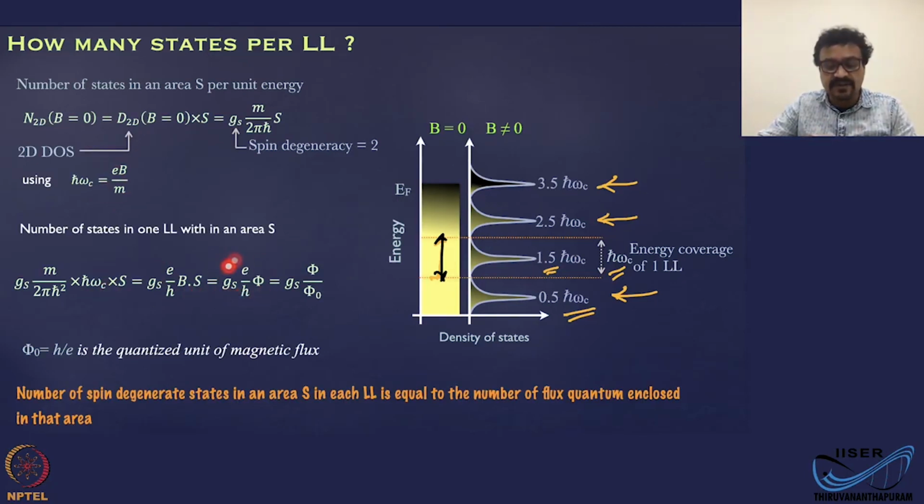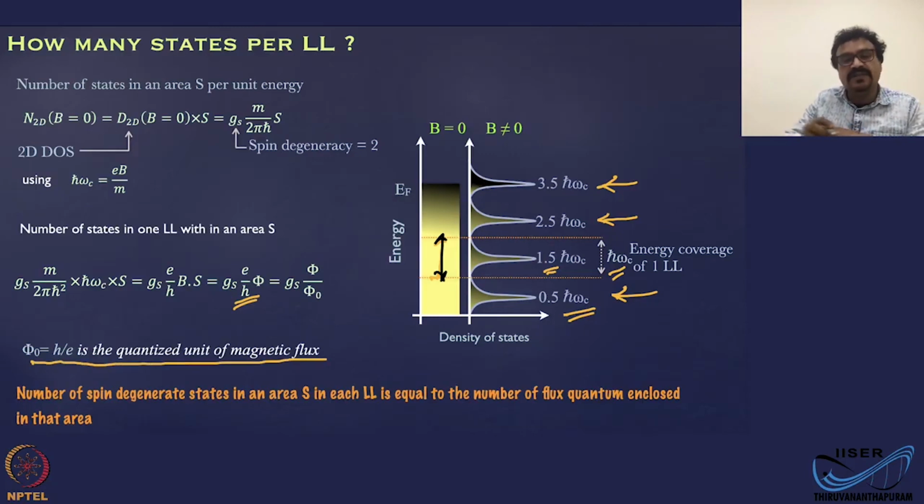So eventually what you are going to get is Gs times e by h times phi. This e by h is an interesting quantity. It is the inverse of the magnetic flux quantum, that is h by e.